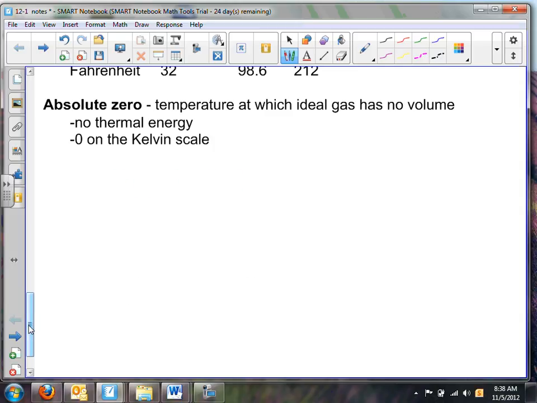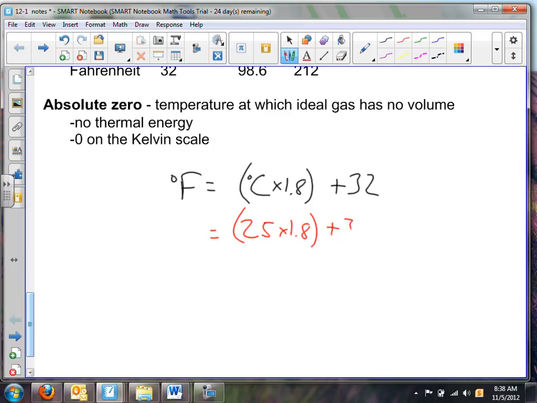As far as Fahrenheit goes, your degrees Fahrenheit is your Celsius temperature times 1.8, or some books say times 9/5, and then you add 32 degrees to it. So if it's 25 degrees Celsius, what would that be in Fahrenheit? Well, 25 times 1.8 plus 32.